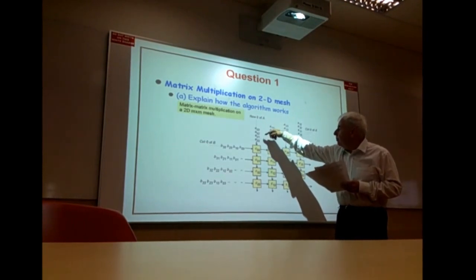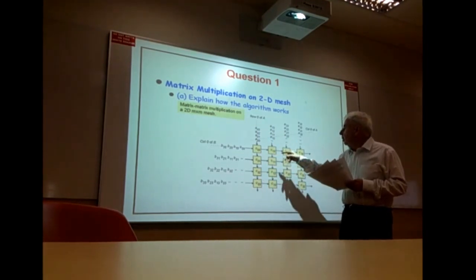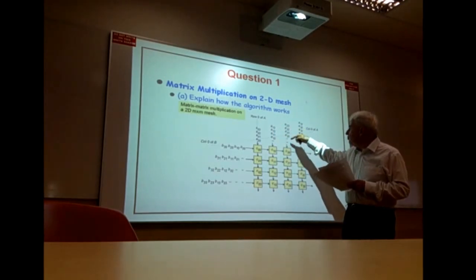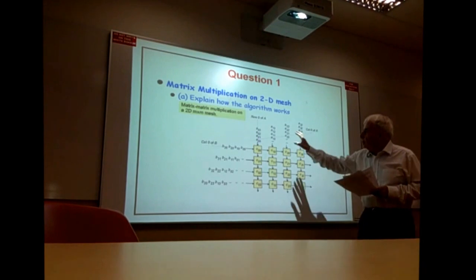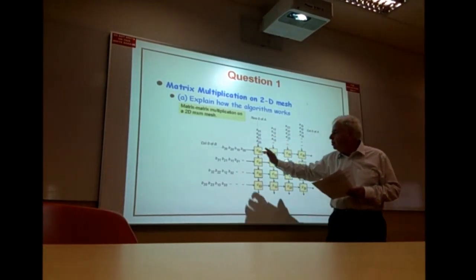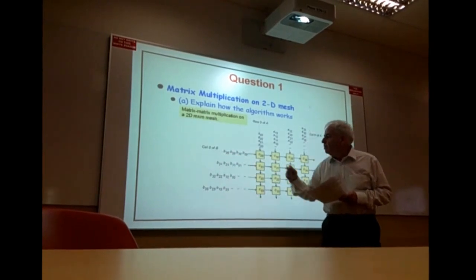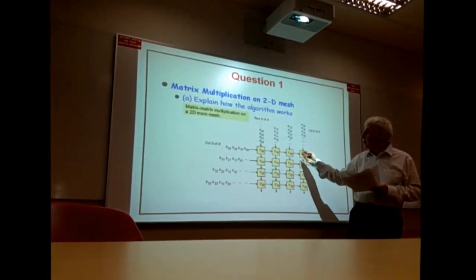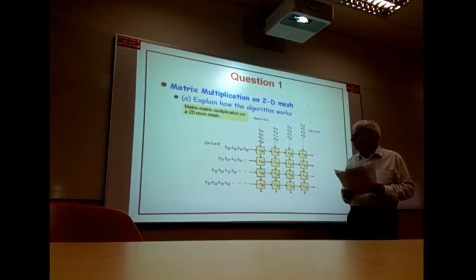We feed a column of the matrix into a column here, and similarly the next row into this column, the next row into this column, the next row into this column. And then we want to multiply the matrix A by the matrix B, so we take the columns of B and feed the first column of B into the first row of the mesh, the second column into the second row, and so on.